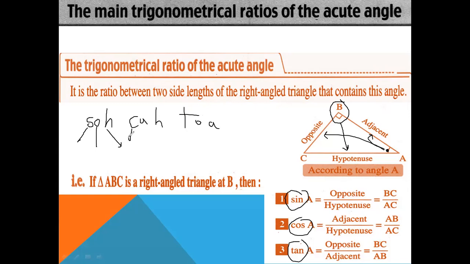Ka means cosine, adjacent, hypotenuse. 2 means tan, opposite, adjacent. Remember that. Again, su means sine, opposite, hypotenuse. Ka means cosine, adjacent over hypotenuse. 2 means tan, opposite over adjacent. Okay?